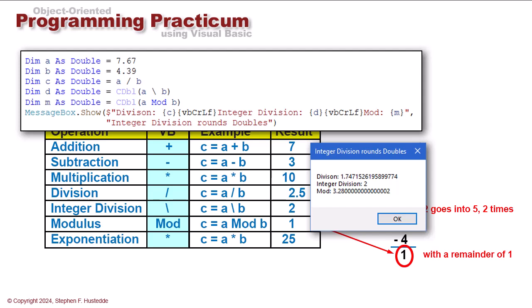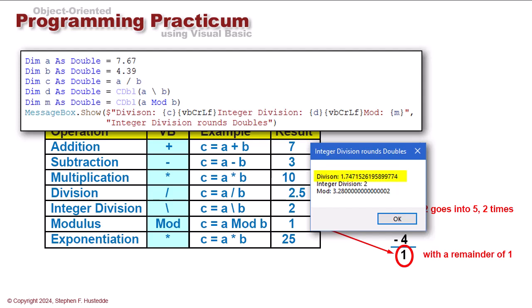I'm saying C is A divided by B. That's a floating point division or regular division. And then I have D as a double value is the operation of A integer division B. I'm going to convert that to a double value because normally an integer division returns an integer. And just for consistency, I'm going to keep it as a double. So I'm converting it to a double. And then I should do the same thing for the mod, A mod B.